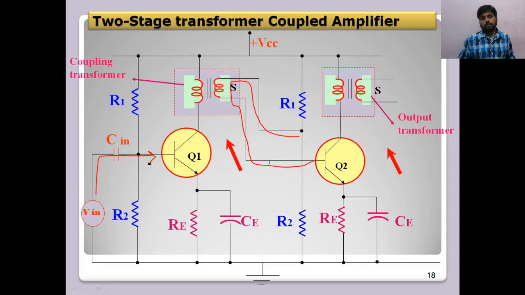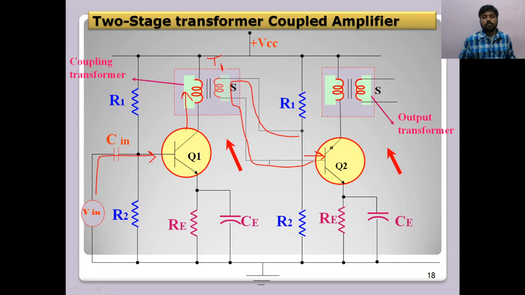If the input is given at the transistor 1 base, then there is a voltage developed across the collector, and due to the mutual inductance, an EMF is induced in the secondary of the transformer. So this EMF is now the input of Q2, because it is in between R1 R2 and the base of Q2. So the base of Q2 gets the input voltage due to the secondary induced EMF of transformer 1.